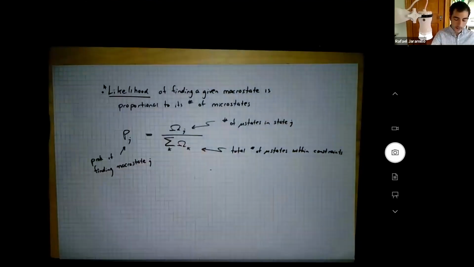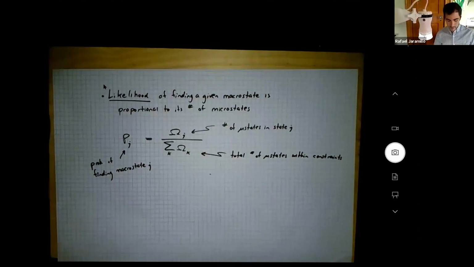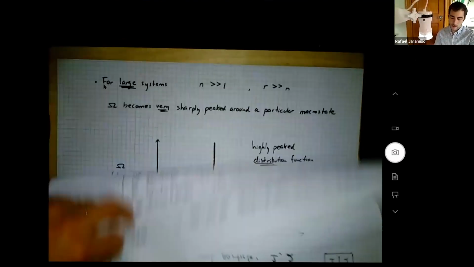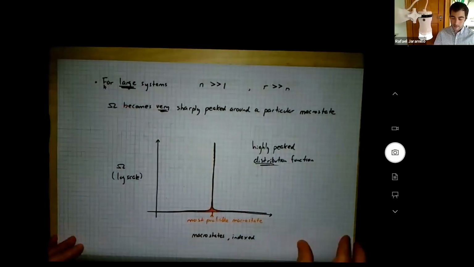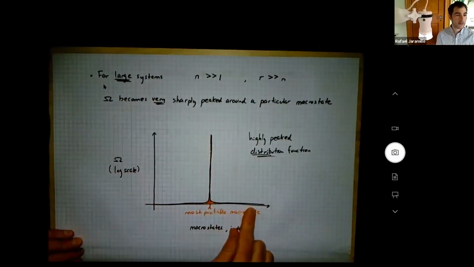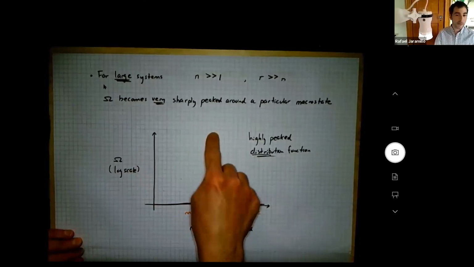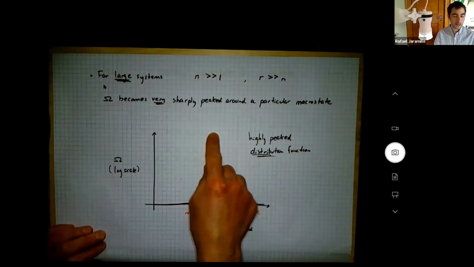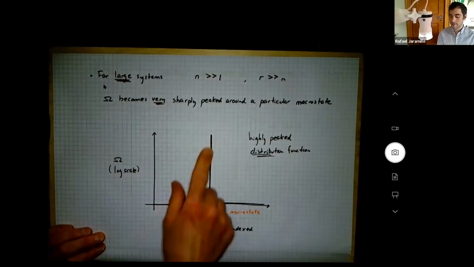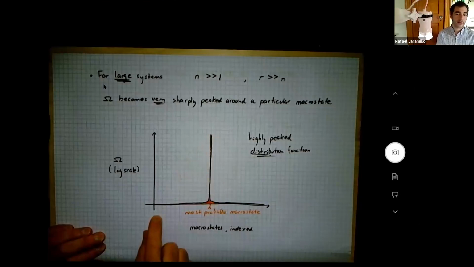But when you have a distribution function which looks like this, where this is now log of microstates and this is number of macrostates, you can see that this number, taking the exponent, divided by this number is very, very large. That's the likelihood that you're going to find this macrostate instead of this macrostate.